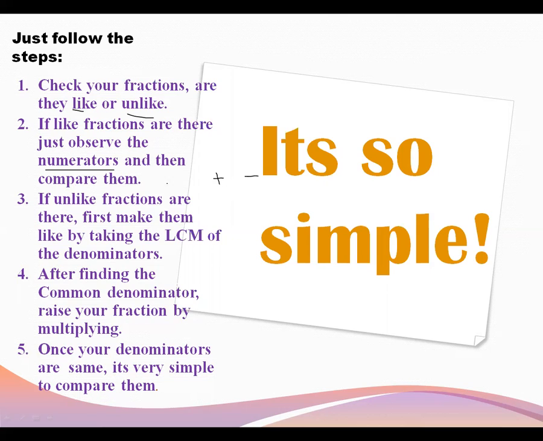Now, if they are unlike fractions, you don't have to worry at all. First, you have to make them like fractions by taking out the LCM of the denominators. After finding the common denominator, you have to raise your fractions by multiplying. Once your denominators are the same, it's very simple to compare them.